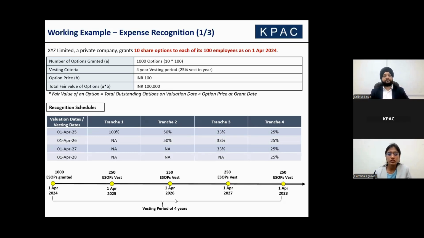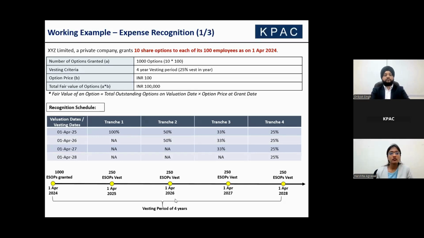Also, the option price is given to us as 100 rupees, which is calculated using the Black-Scholes formula after applying all the assumptions as Dribjot has explained earlier. So now, this gives us a total fair value of 1 lakh rupees, assuming that all the options granted will vest over the due course.